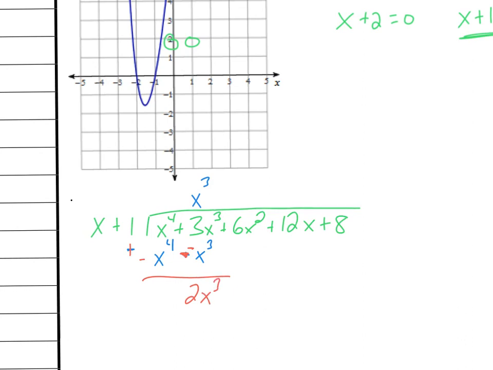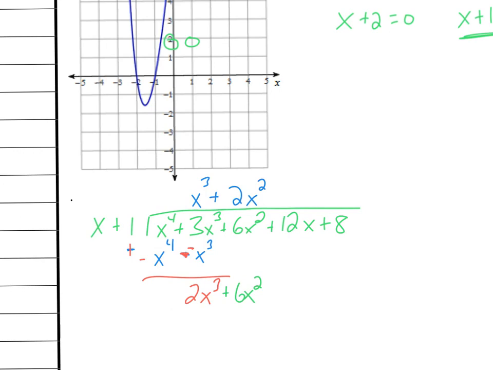All right, need to multiply again. So we have to multiply to make a 2x to the 3rd. So we're going to multiply by 2x squared. It's going to be a positive 2x squared. And that's going to give us, sorry, I forgot to bring down the 6x squared here.